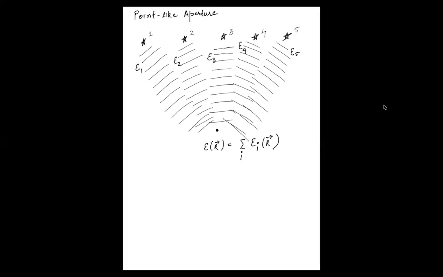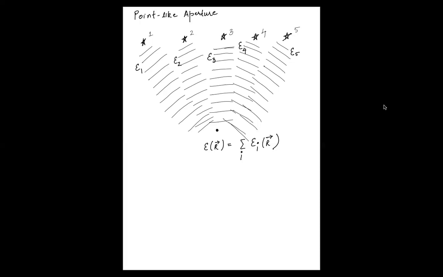But in most cases in astronomy, that's not good enough because we want to have some angular resolution. So we want to know what is the power, the radio power coming from, let's say, source one. And so we need a way to exclude the electric field of source two. The way we have to do that is by having a larger aperture.